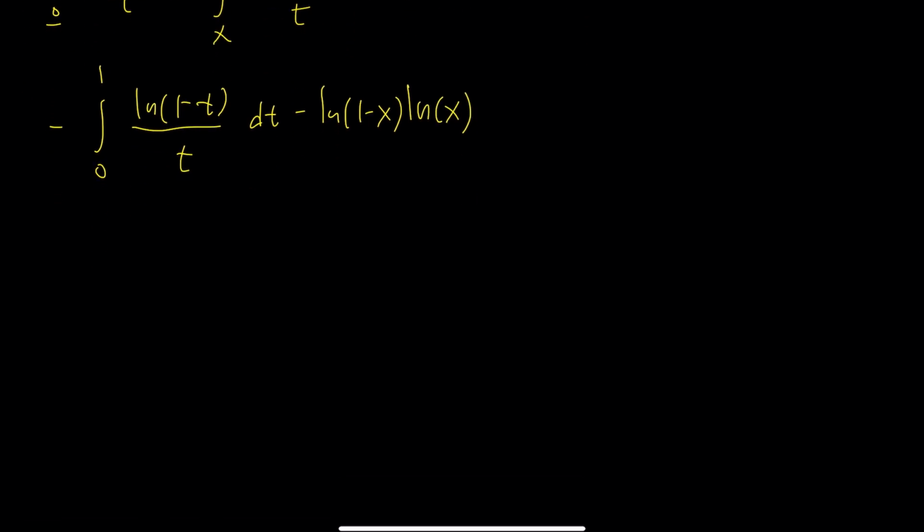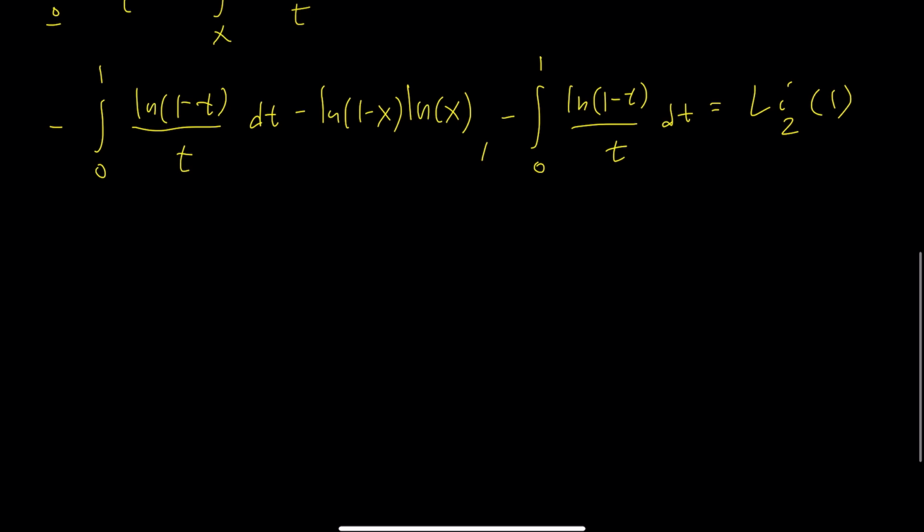But this integral, the negative the integral from 0 to 1, the natural log of 1 minus t over t dt, this is just the dilogarithm evaluated at 1. And we'll recall that the dilogarithm of x is the sum from 1 to infinity x to the k over k squared.